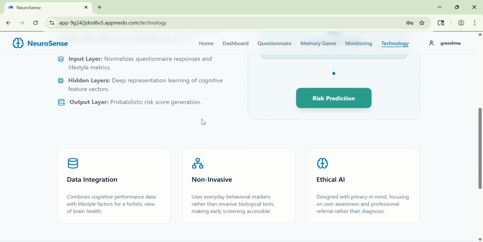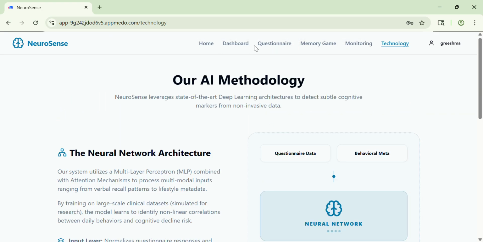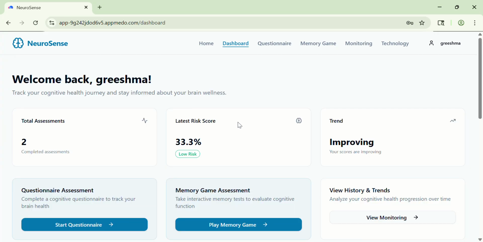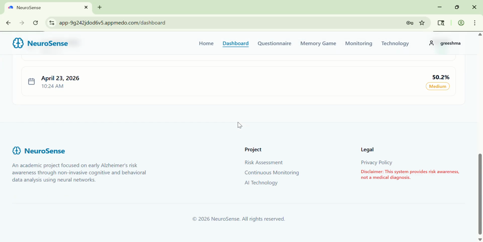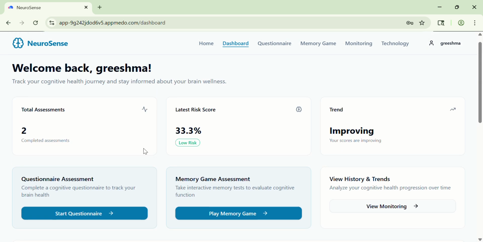This is the real-time data input to this website. A user can take any number of tests in this website and can have an overall score and performance measures.